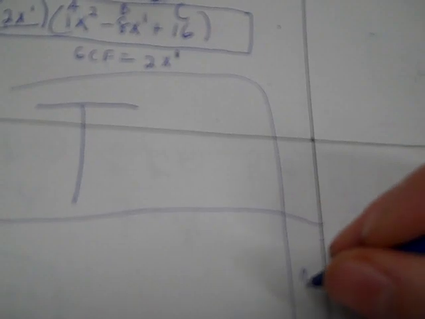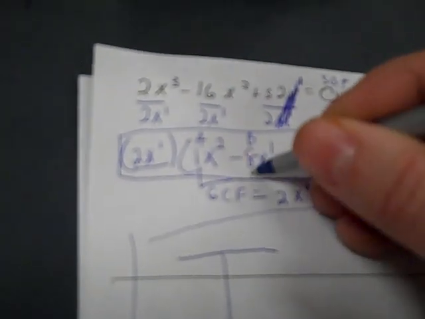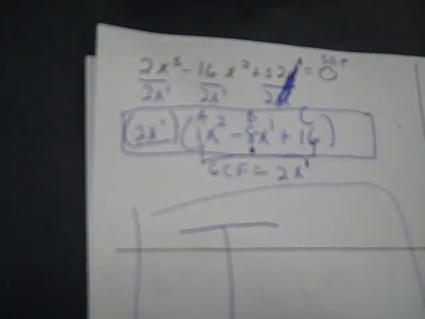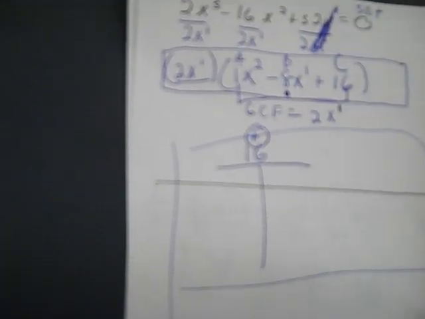So A equals 1x to the second, okay? So I take the A times C, positive 1 times positive 16, and that's positive 16, okay?